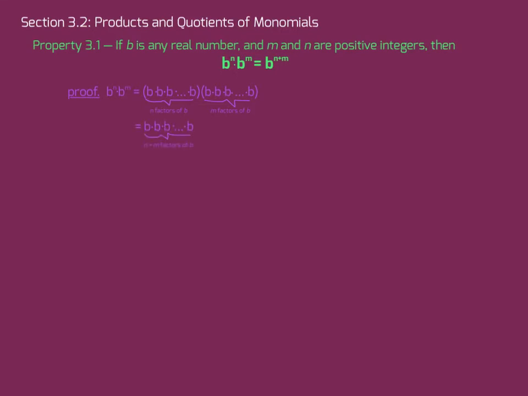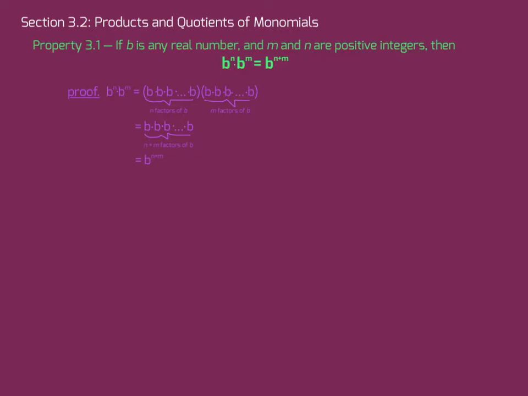That's right. We should have n plus m total factors of b. Now, working our way backward using that definition of exponents, we can write this with a single base. This equals b to the power of n plus m, which is the proof of why this property holds true.